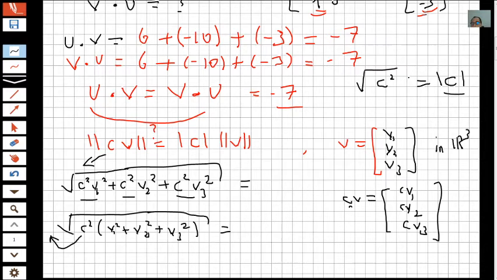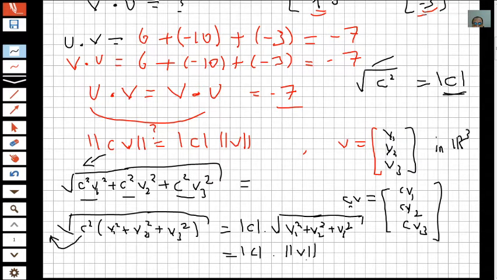It cannot be negative because the square root cannot be negative. Therefore, we take the absolute value of the number c. So we write the absolute value of c times the square root of v1 squared plus v2 squared plus v3 squared, which means the absolute value of c times the norm of the vector v.